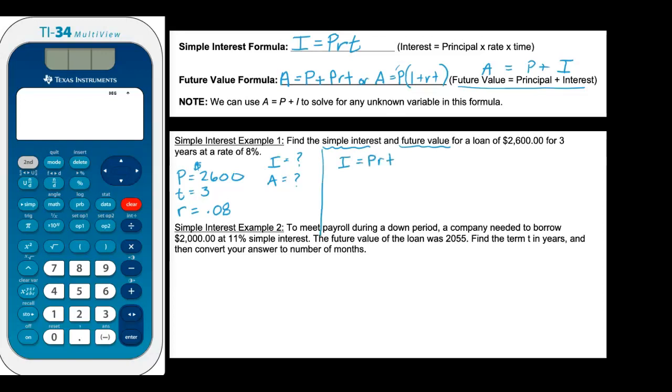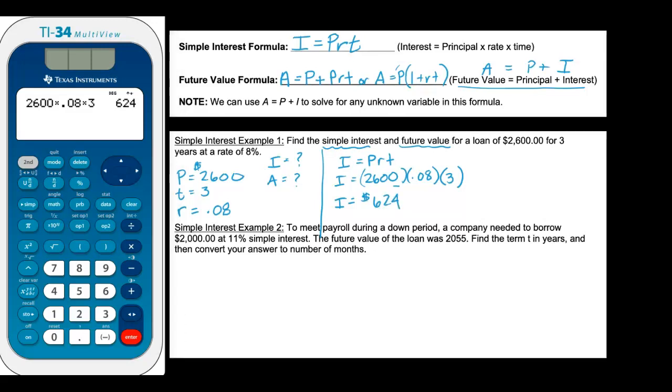That's my step 1. And then I'm going to plug in everything I know. I don't know I, but I know the principal, and I know the rate, and I know the time is 3. And so if I multiply all those numbers together, 2,600 times 0.08 times 3, I end up getting $624.